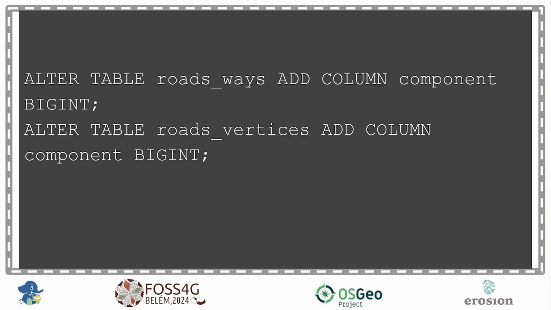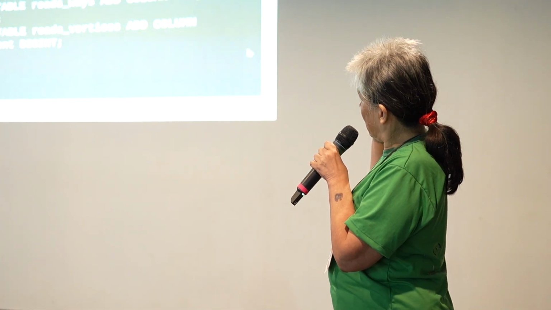How do we add a column in a table? We alter the table and say add column, the name of the column, and the type. So we're adding it to the edges table, which is roads.ways, and to the vertices table, which is roads.vertices.